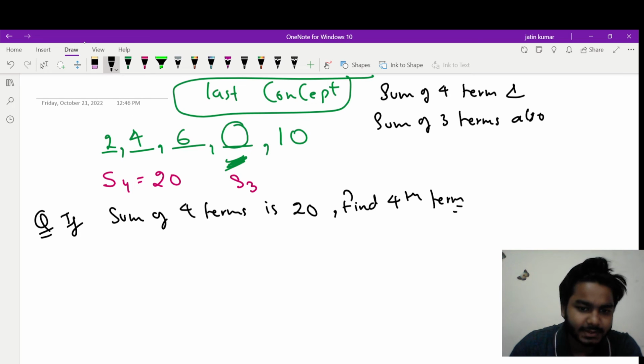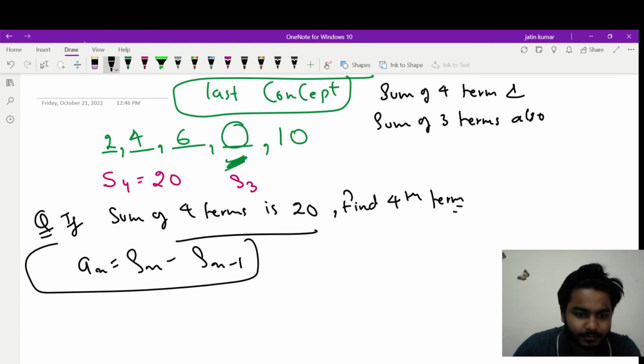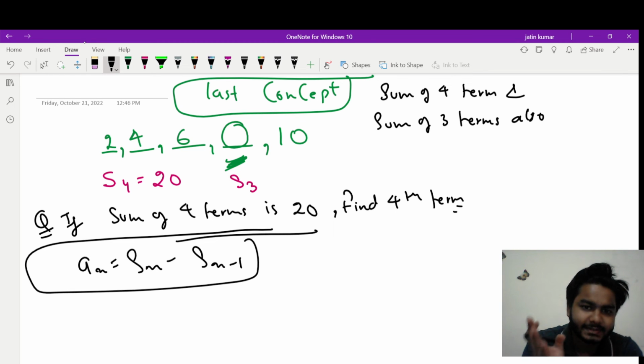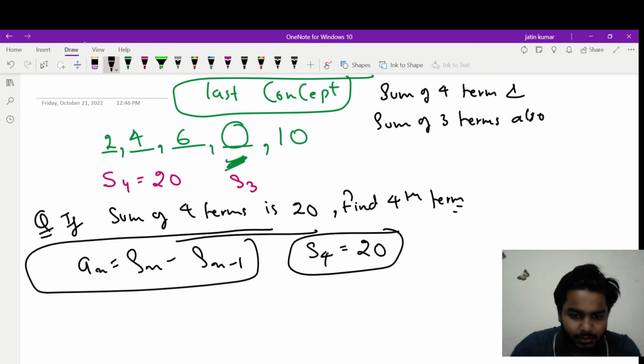You are given the sum of 4 terms, and you have to find the fourth term itself. Now we will apply the formula a_n is equal to S_n minus S_(n-1), sum till that term minus sum till the preceding term. So the sum of 4 terms is 20 and we need the sum of 3 terms.